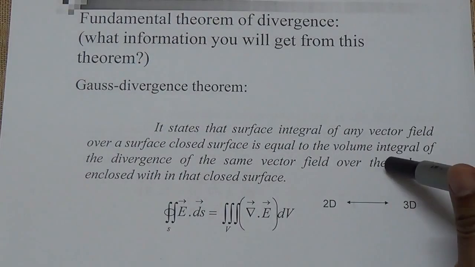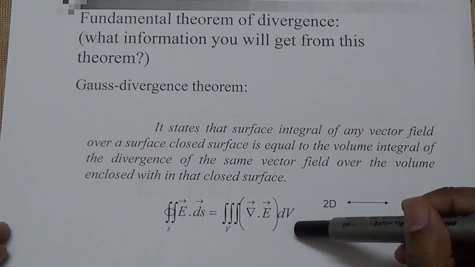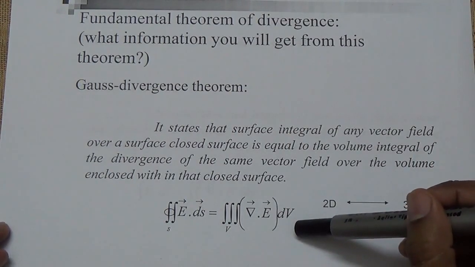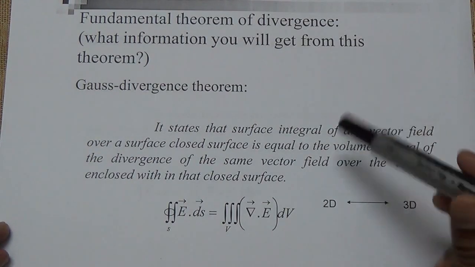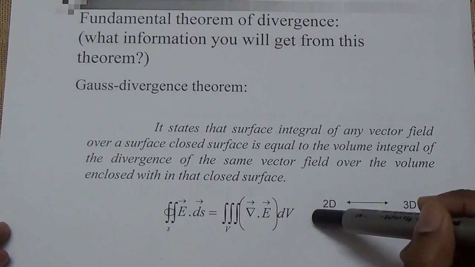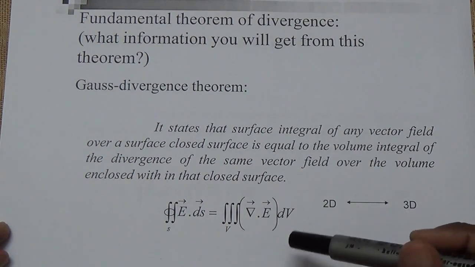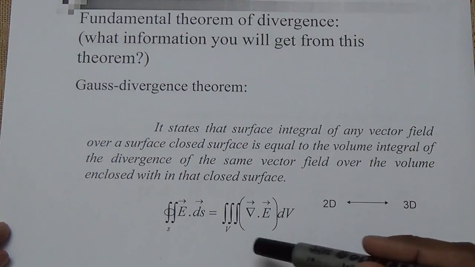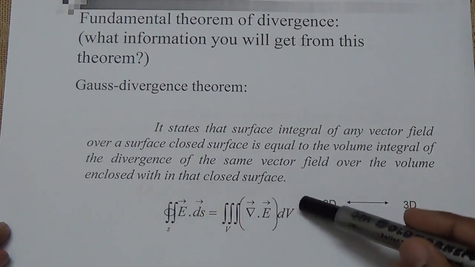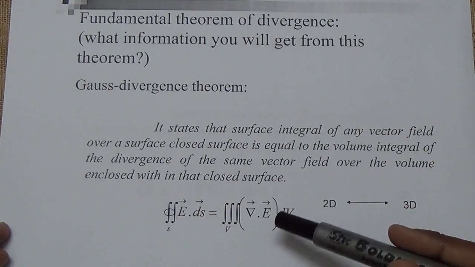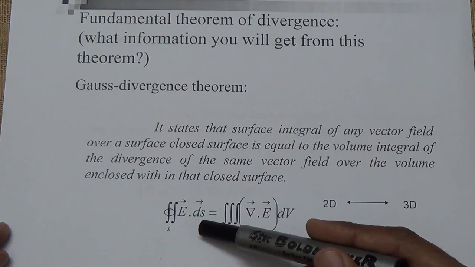But before that, we use some mathematical statements, the Gauss divergence theorem and Stokes theorem. These are the fundamental theorems, this one being the Gauss divergence theorem. For this course we have to use only this mathematical statement, which explains the closed surface integral of E dot ds.